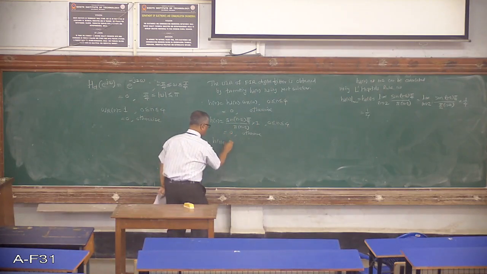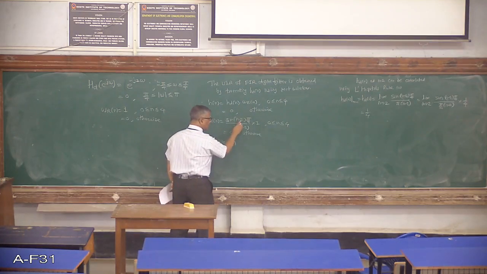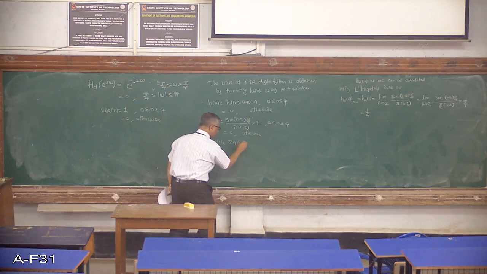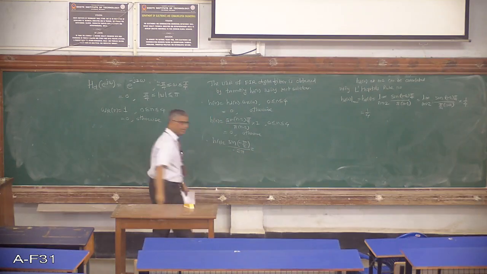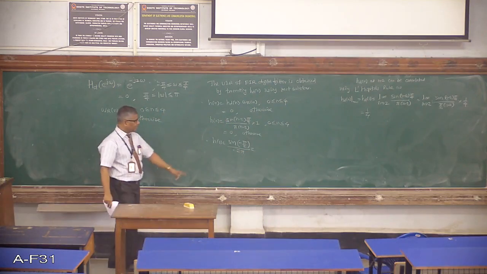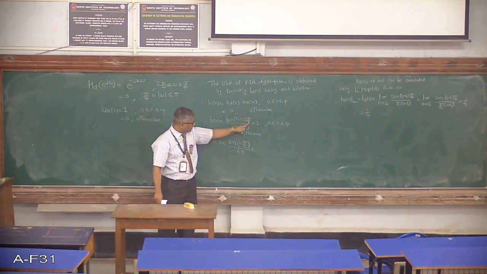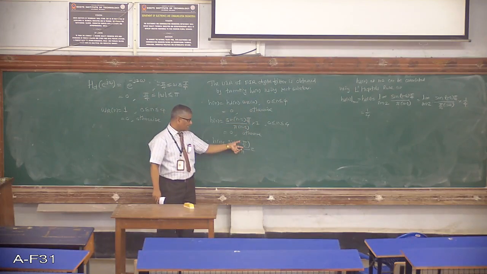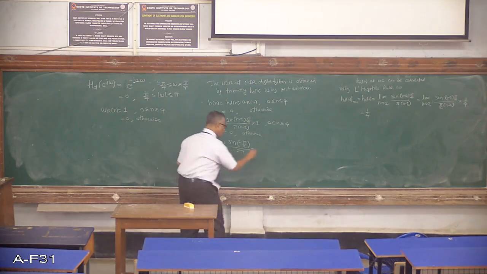H of 0 will be sine, you put here n is equal to 0, you get minus 2 into pi by 4, that is minus pi by 2, divided by minus 2 pi. Now you can evaluate this using a calculator. Sine of minus pi by 2, sine of minus 90, is minus 1, so this will be 1 upon 2 pi.